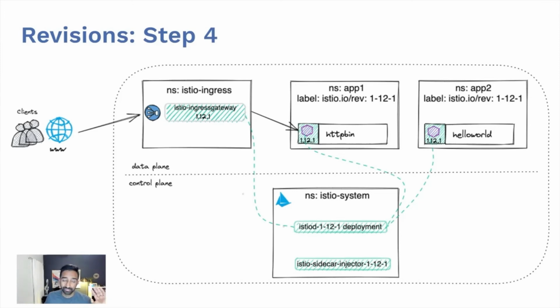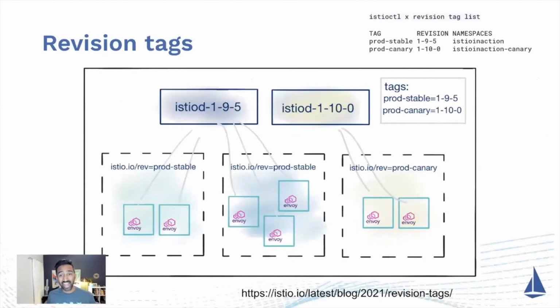Okay, so that's a simplified version of how revisions work. It's pretty simple when there's only a few namespaces, but you can imagine if you have lots of namespaces, going and updating every single namespace label one at a time could be pretty time consuming. And that's where tags come in.